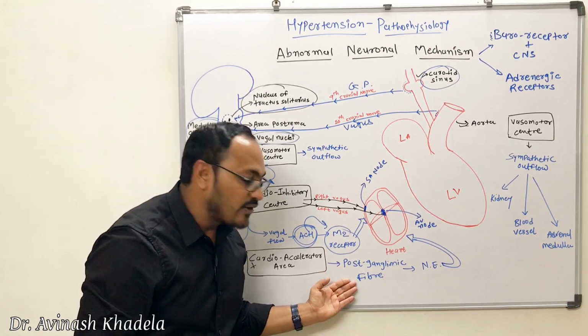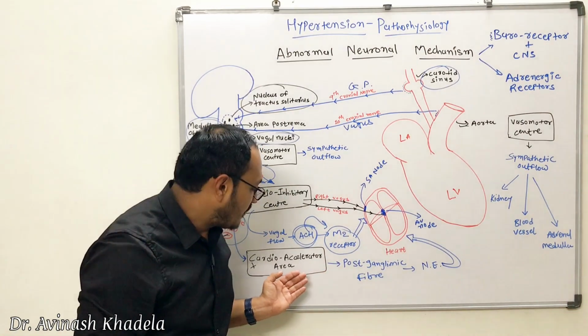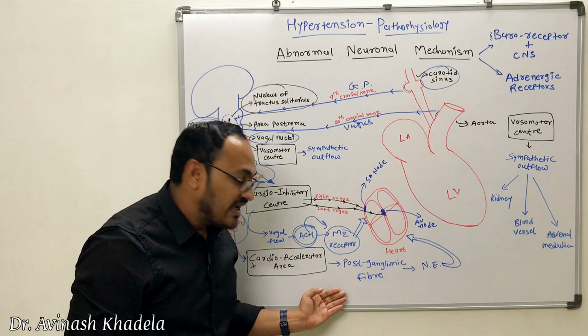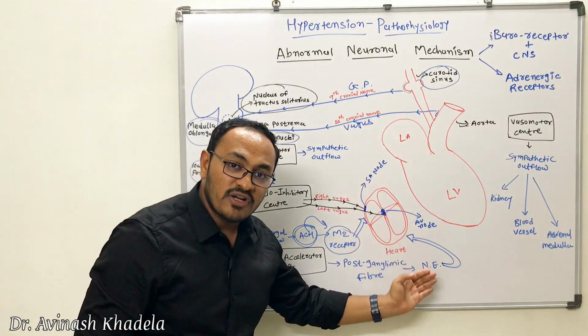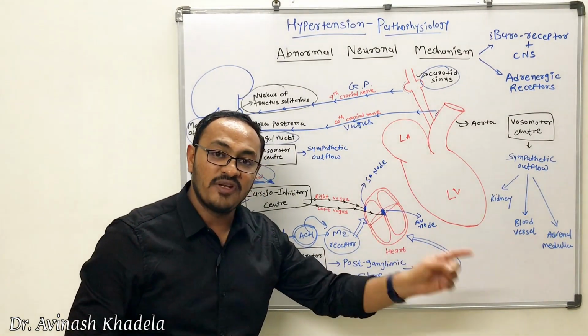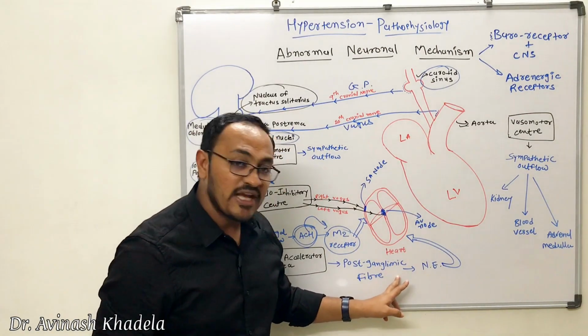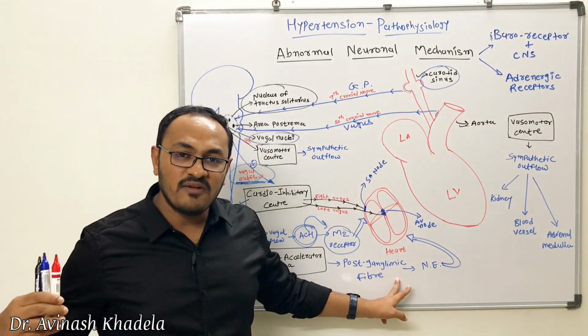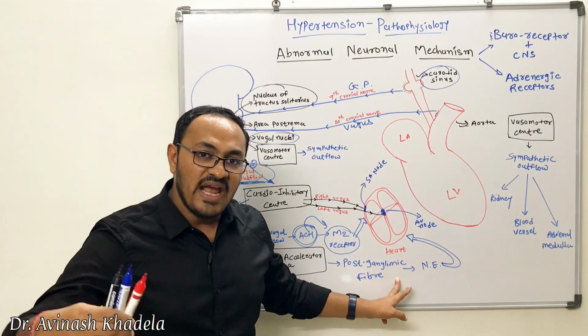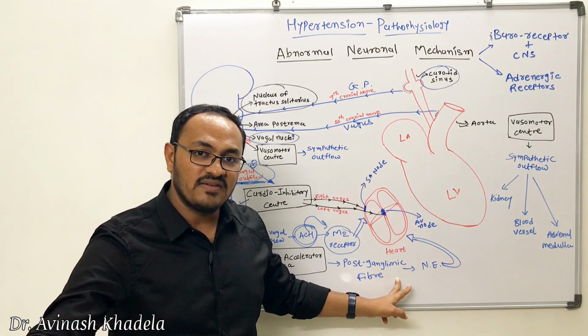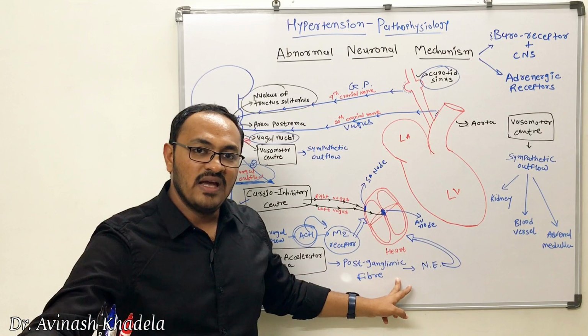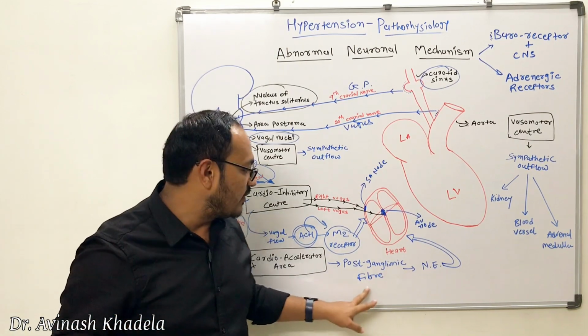The postganglionic fiber coming from the cardio accelerator area is responsible for secretion of norepinephrine. The preganglionic fiber will secrete ACh, and if it is a sympathetic system, it will release norepinephrine through the postganglionic fiber.